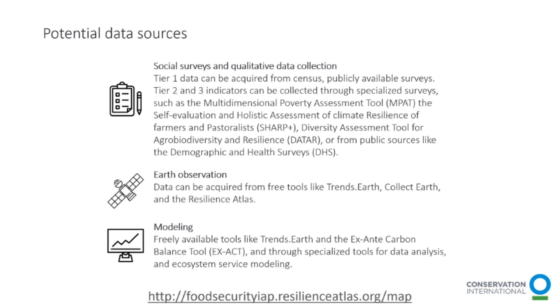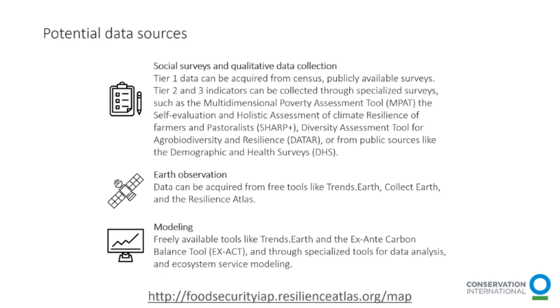It's not in all areas, and the information that's available publicly is aggregated at the regional scale, but there is very useful information contained within that survey, so it's worth looking into whether or not there is available information for your project area. It is also possible to use more detailed than regional information from the DHS, but that will require a higher level of expertise from the project team.